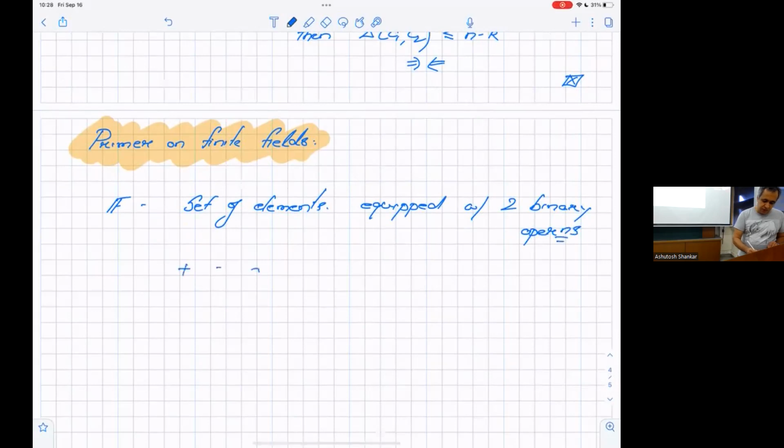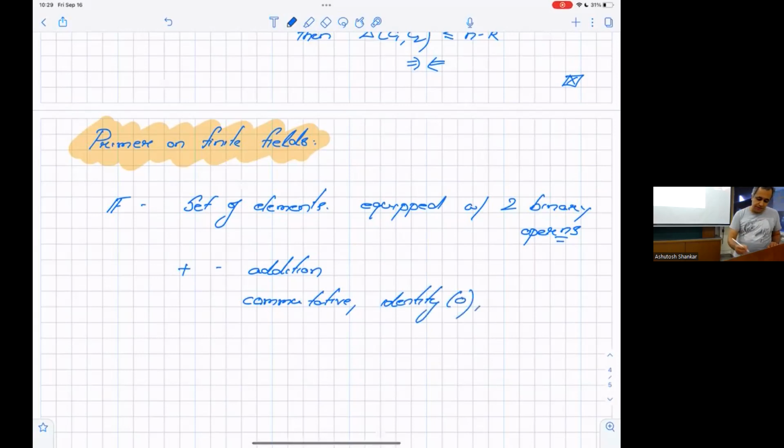One is plus, which we call addition. What we want of it is commutativity, the existence of an identity, which we refer to as zero, associativity, and inverses.